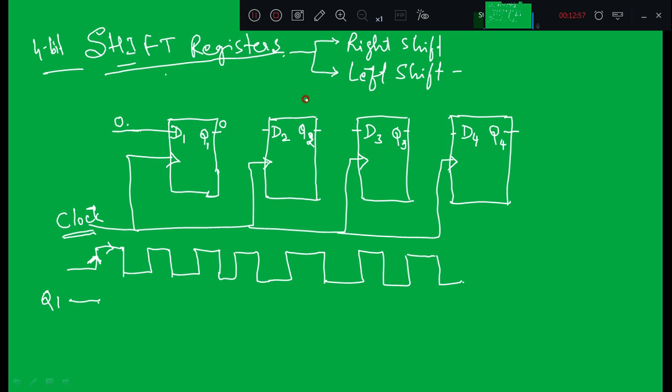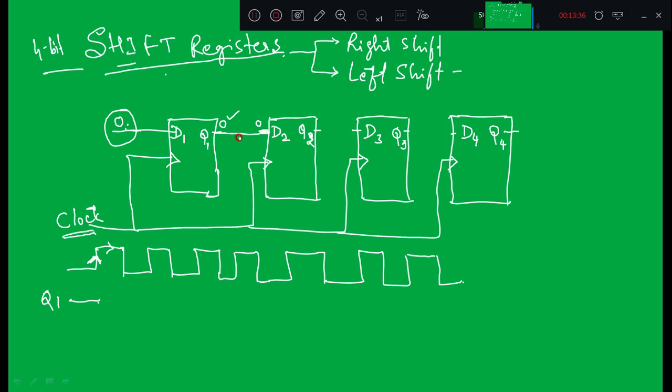Now if I want to shift this data which is equal to 0 towards the right, I have to connect the output of the first flip-flop to the input of the second flip-flop. So the input for the second flip-flop is the output of the first flip-flop. Once we connect Q1 to D2, the data on D2 will be equal to 0.